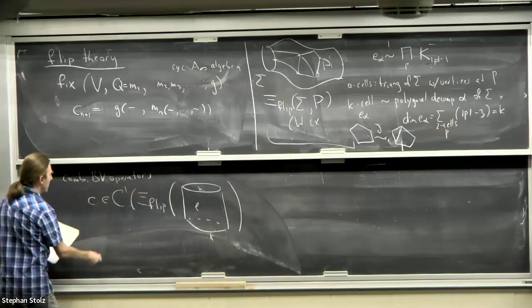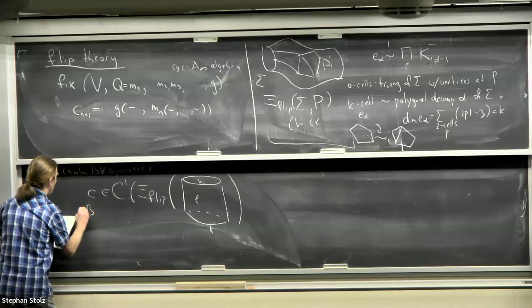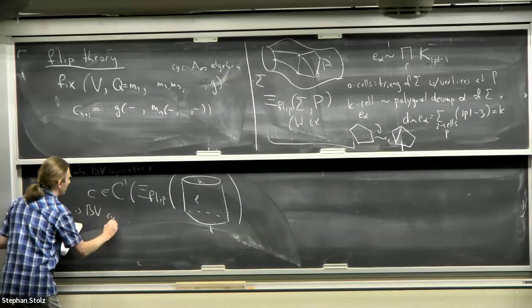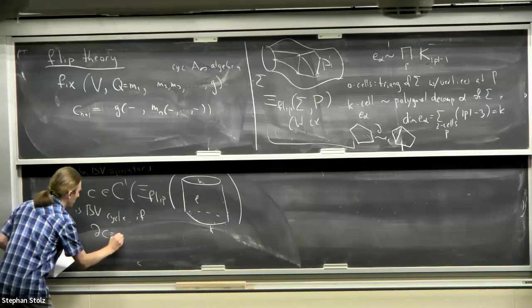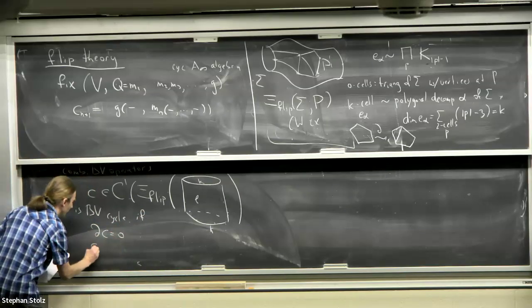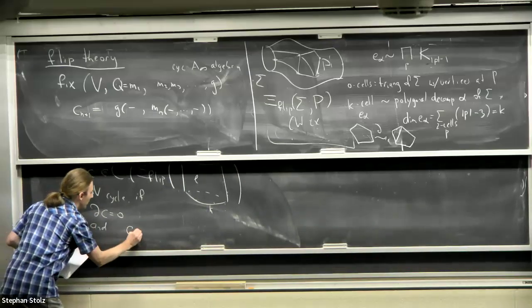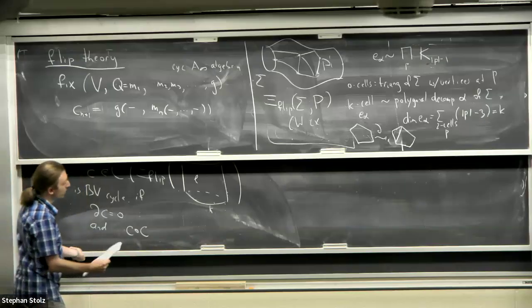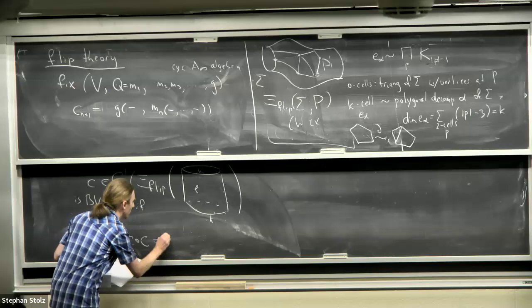I call such a one-cochain C a BV cycle if the boundary of C is 0, so it is a cycle, and if it squares to a boundary, that is, if the composition of C with itself, which lives in a twice longer cylinder, is a boundary of some 3-chain.